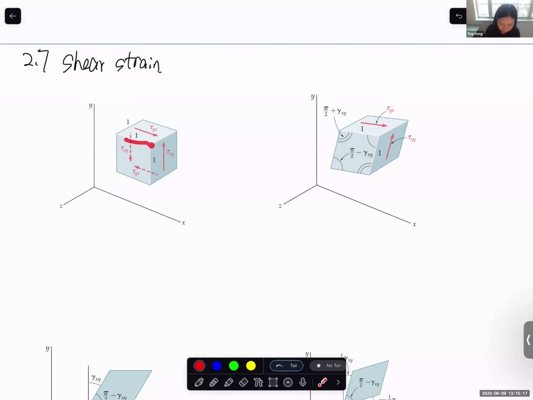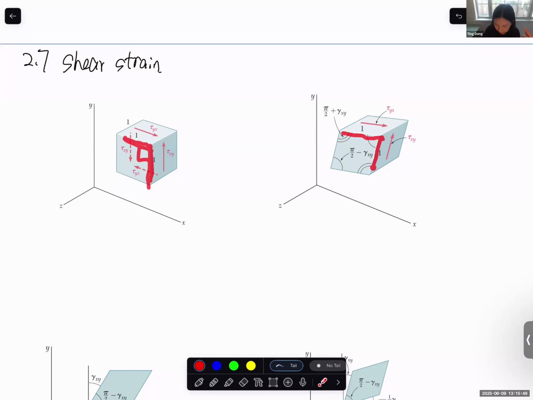Let's say originally this is 90 degrees. Because the shear force is applied, it generates shear stress and deformation. The deformation is this angle change, a reduction of angle, and that reduction is defined as the shear strain. It's the deformation generated by shear force. Originally this is the x plane, this is the y plane, at 90 degrees.